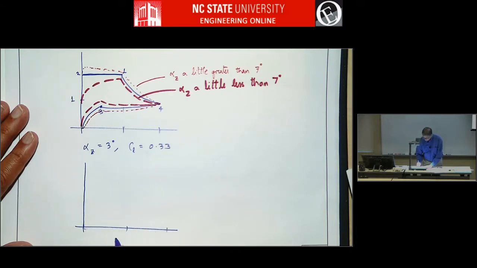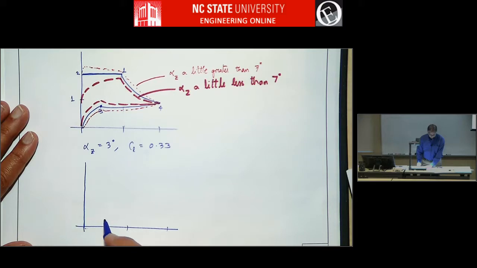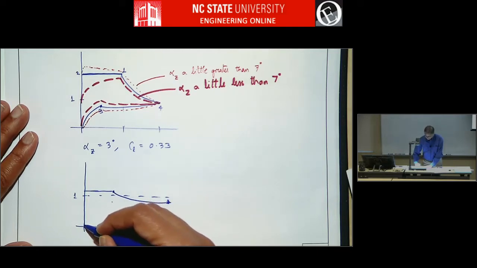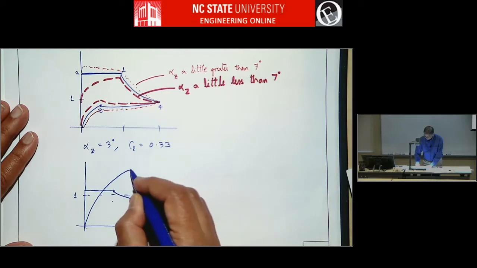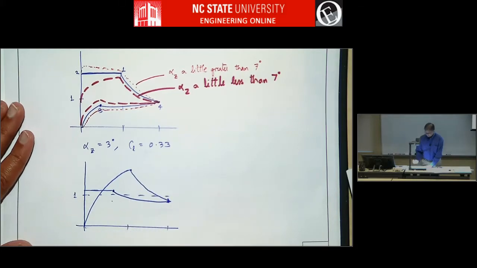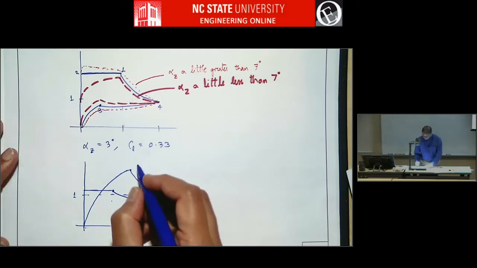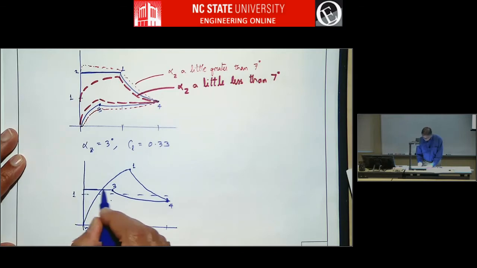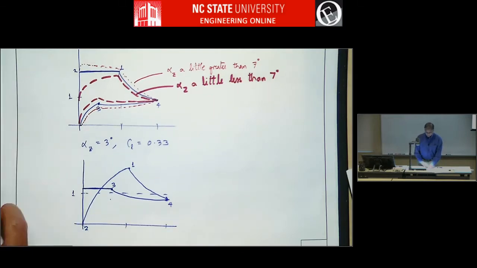The same airfoil will now have, as we saw, a flat velocity distribution on the lower surface, and the upper surface will look something like this. And this is at CL of 0.33.